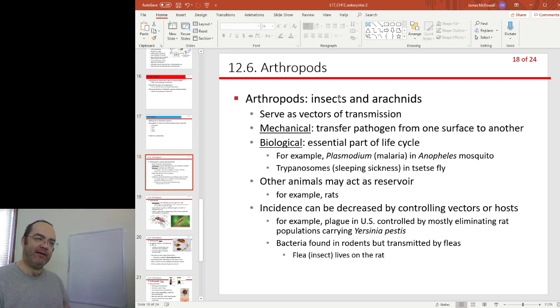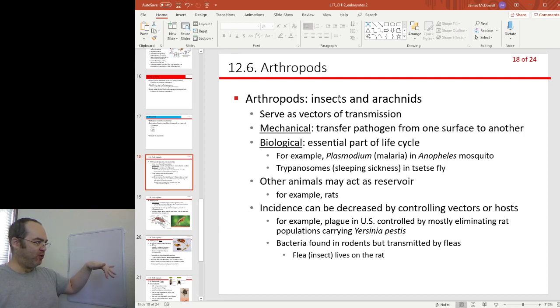A mechanical vector is simply picking up from point A and putting down on point B. So for example, the one that's always given is that there's dog poop in the environment, and you are enjoying your sandwich at your picnic, and a housefly lands on the dog poop.